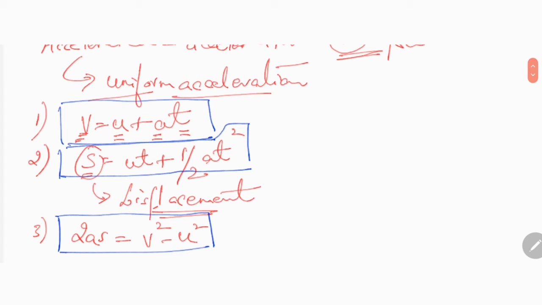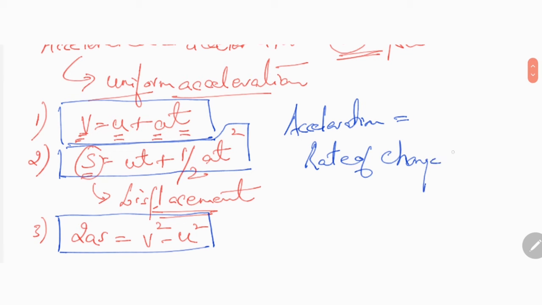Now let's derive these. So how do we define acceleration? Acceleration can be defined as rate of change of velocity. Please understand, this is very important.